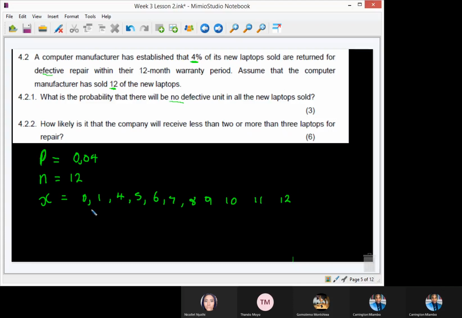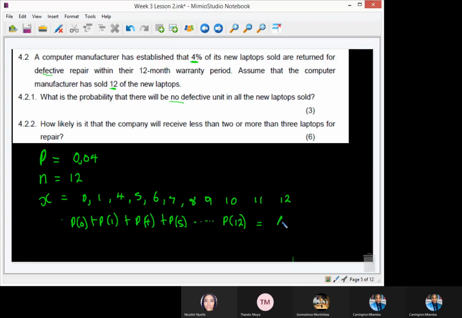But can you see you are going to take a lot of time to calculate this? It's going to be very hard because it will be probability of 0 plus probability of 1 plus probability of 4 plus probability of 5 until you get to probability of 12.